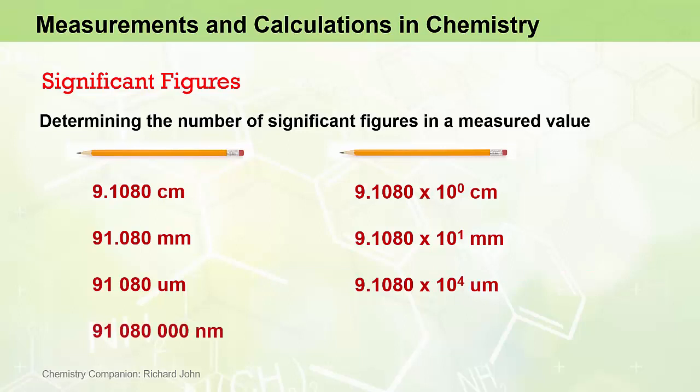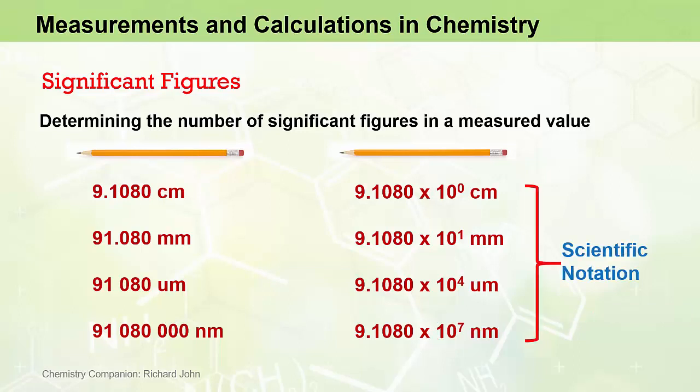And finally, if we wanted to represent our measurement in nanometres, 91,080,000 nanometres is best expressed in scientific notation as 9.1080 times 10 to the 7 nanometres, and the 10 to the 7 has a value of 10 million, so multiplying the coefficient by 10 million, we regenerate our original number of 91,080,000 nanometres. All of these numbers are expressed in scientific notation, and all of them have 5 significant figures.